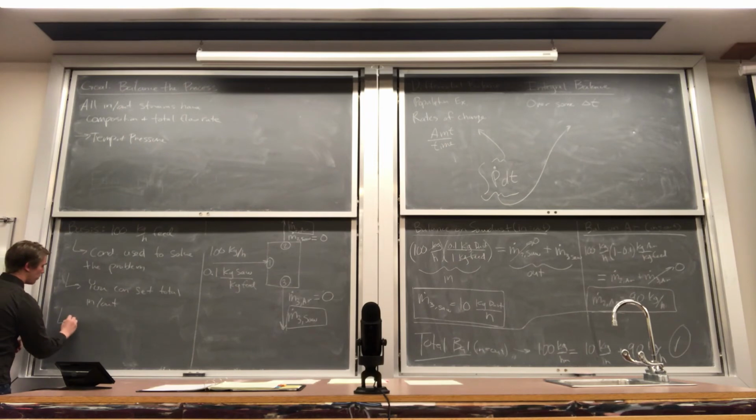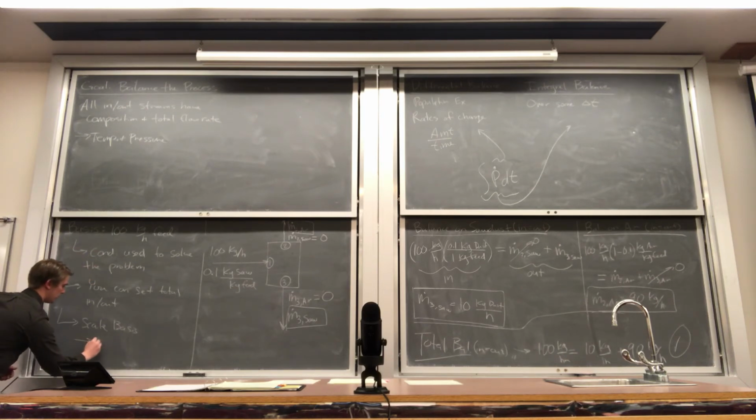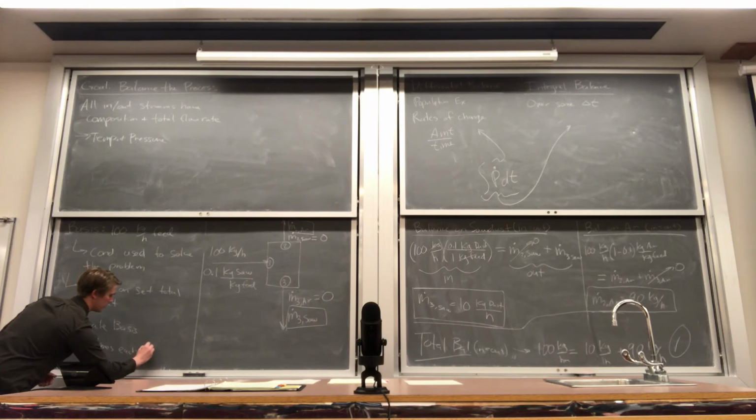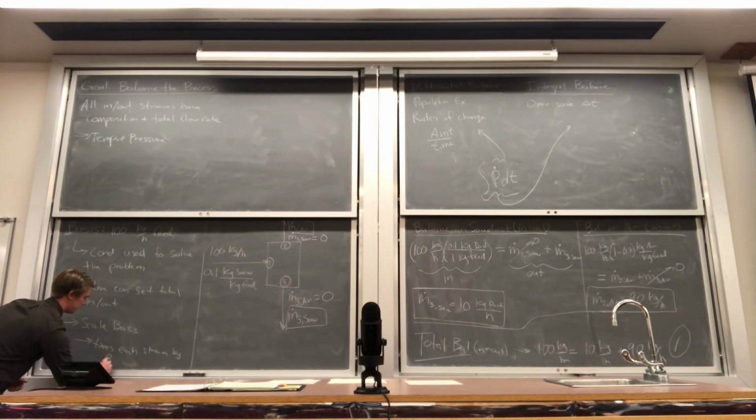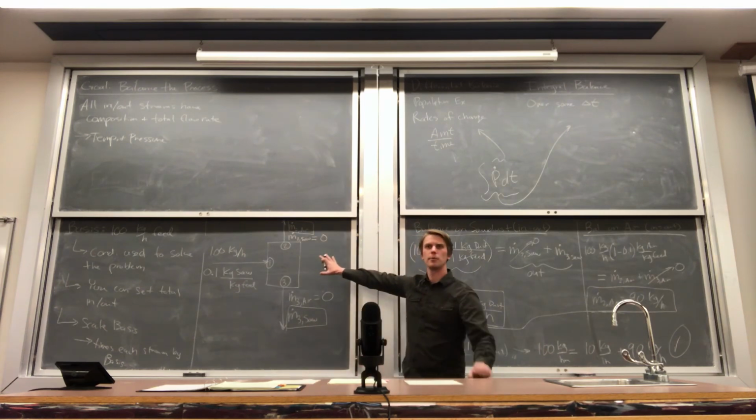So when you scale the basis, we would then multiply each stream by whatever the basis is. So in general here, I want to solve these problems with nice, easy numbers. Right?